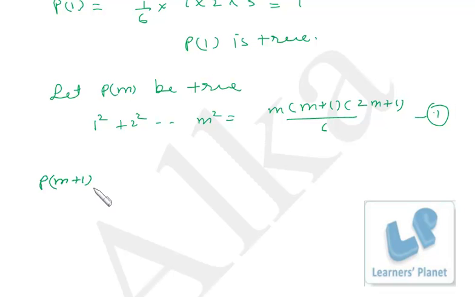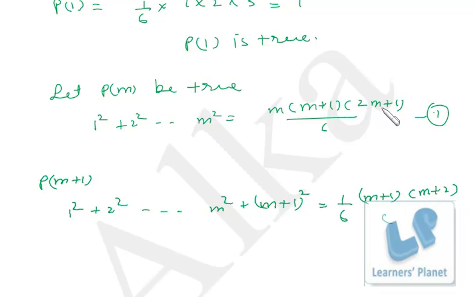We have to show that Pm plus 1 is true, that means we have to show 1 square plus 2 square till m square plus m plus 1 whole square should be equal to, instead of m we need to put m plus 1, so it will be 2m plus 1 plus 1. Okay, that we have to prove.